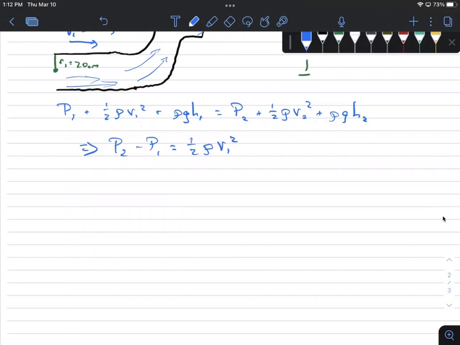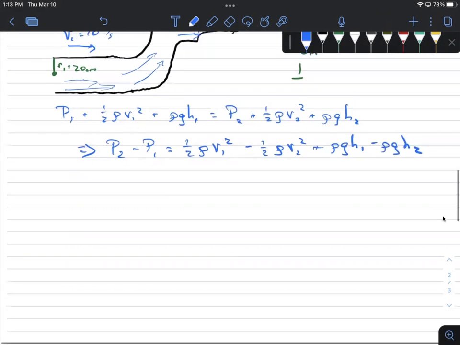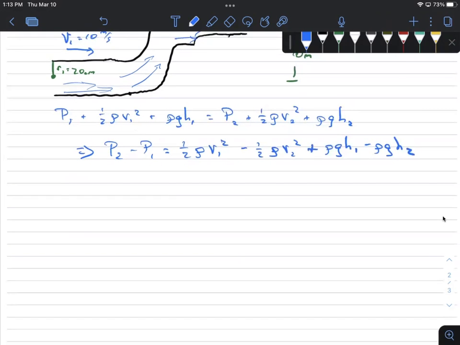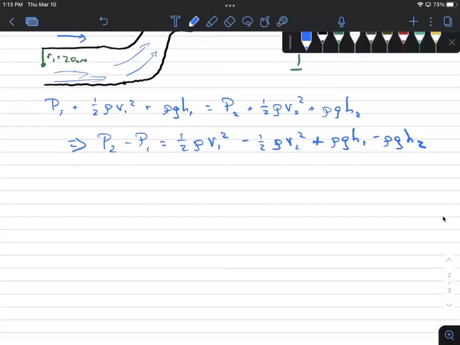And then I'm bringing the 2 over to the left. So that's minus 1/2 rho V2 squared. Then I have rho G H1. And then I bring rho G H2 over. So it becomes minus rho G H2. And there we go. That's what I have to use to calculate my change in pressure. I need all of those terms.